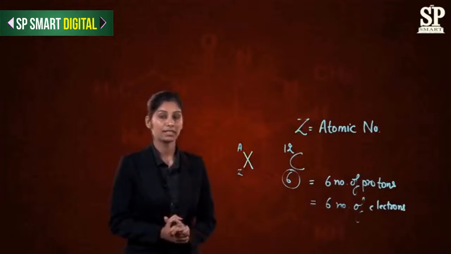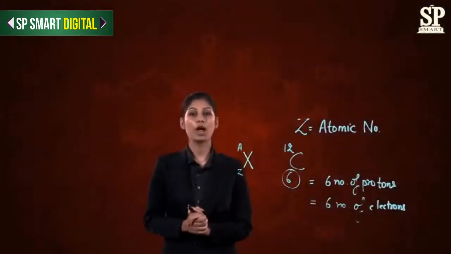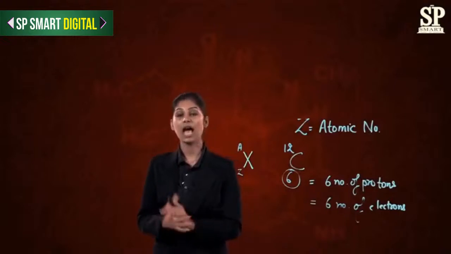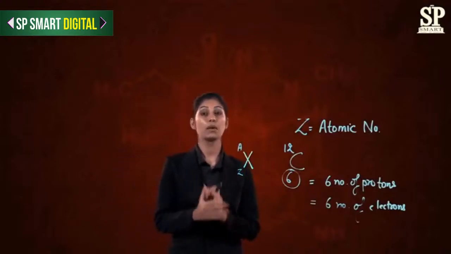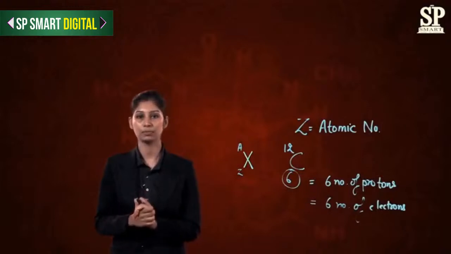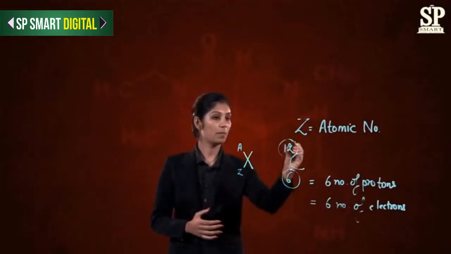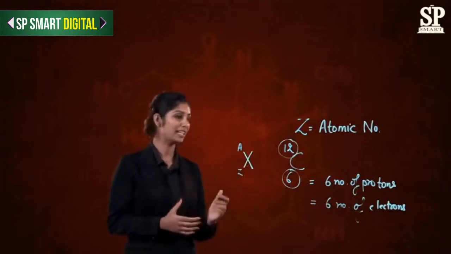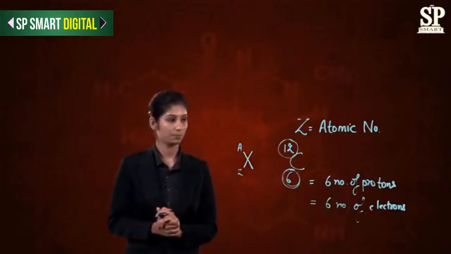Now let's look at what is the mass number. The mass number of an atom is defined as the sum of the total number of protons and neutrons present in the nucleus of an atom. For example, the mass number of the carbon is 12 and it has 6 number of protons.